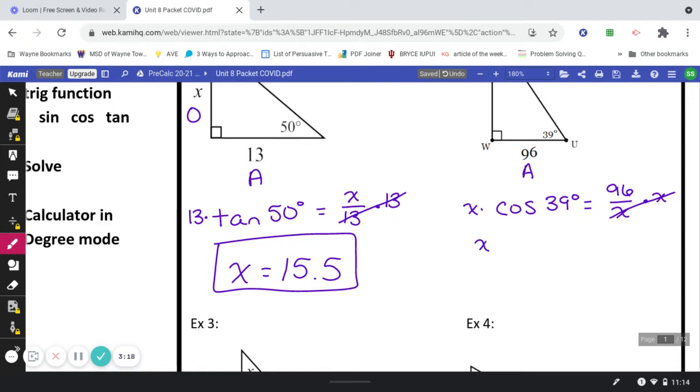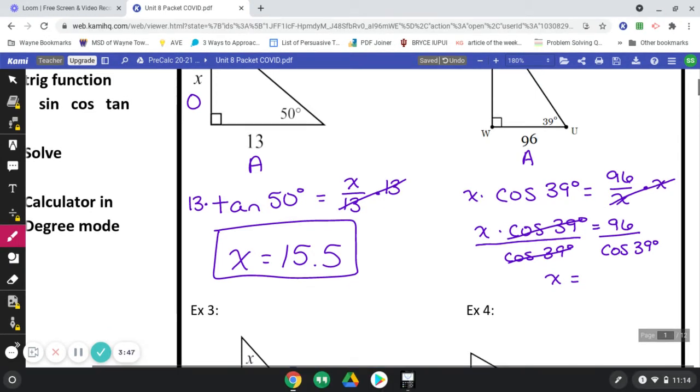This gives me x times cosine of 39 equals 96. Then I can divide by the cosine of 39 degrees, canceling those two. Then into our calculator: 96 divided by the cosine of 39.